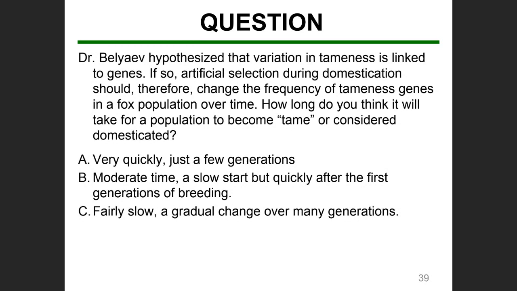Breed the tame ones and end up with a tame strain. So if that's true, just think about how quickly it would take for him to get a tame or domestic fox. Really quickly, kind of slow, or a really long time? And he's been doing this for 40 years. So he's got a long experiment going on here.